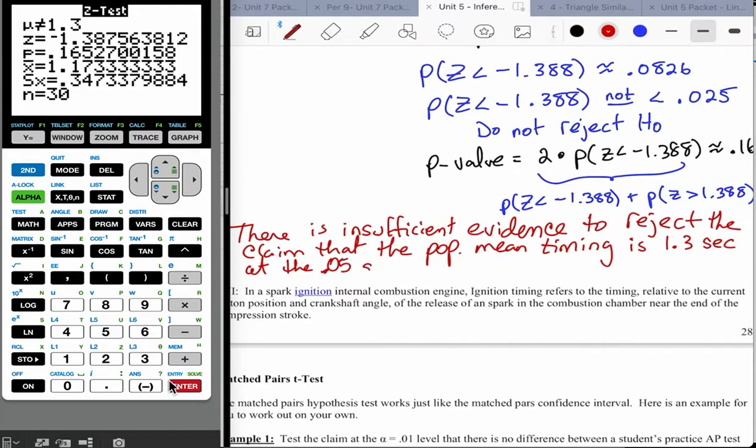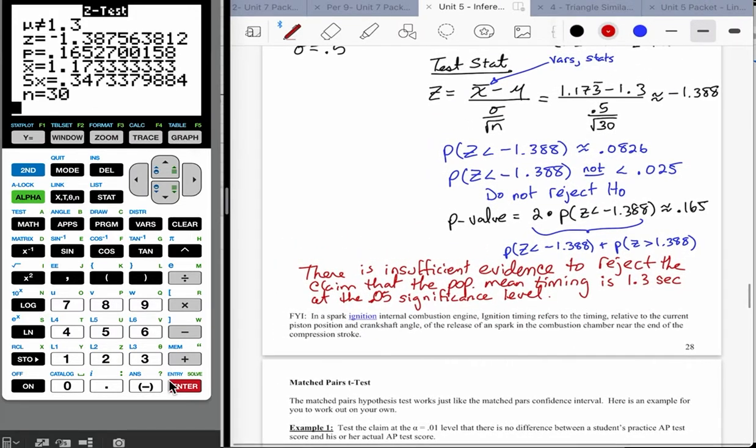That would be the significance level. All right, so we have to actually answer the question that's being asked, because this sentence only addresses our decision to reject the null hypothesis. Insufficient evidence to reject the claim that the population mean timing is 1.3 seconds at the 0.05 significance level.